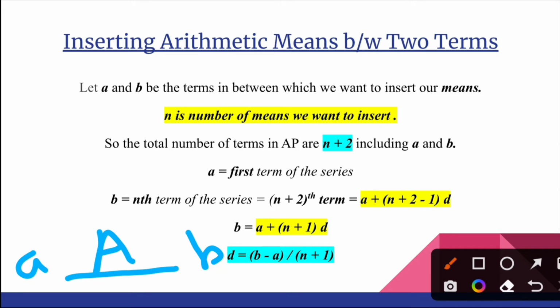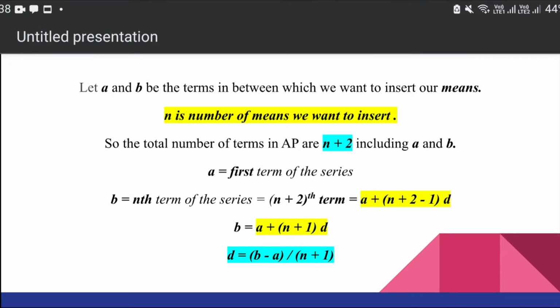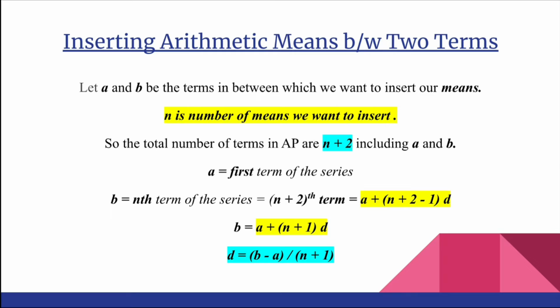So these 10 terms plus the two end terms equal 12 terms, and if you are told to insert 20 terms between these two terms, it will become 20 plus 2 equals 22 terms. So we can say, if we want to insert n terms, then the total number of terms in the AP will become n plus 2, including small a and small b.